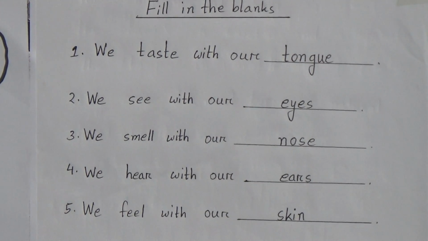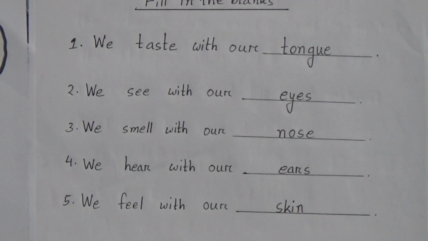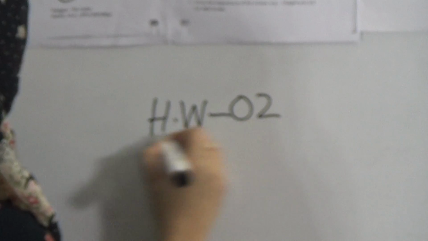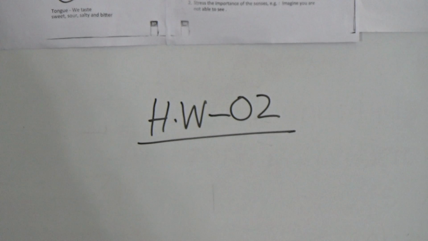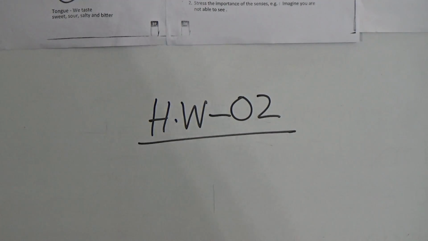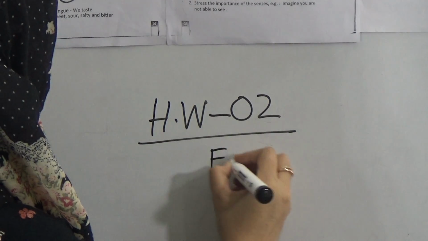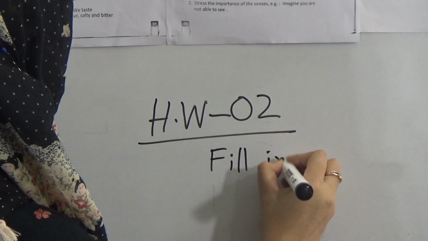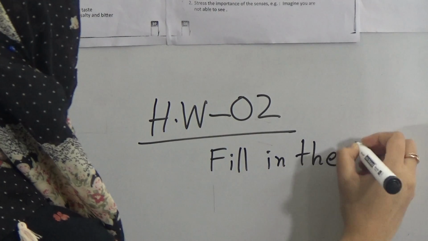So dear students, I have finished my today's topic. Now I will give you SW. Our today's SW is number 2 SW, and your SW will be these fill in the blanks.